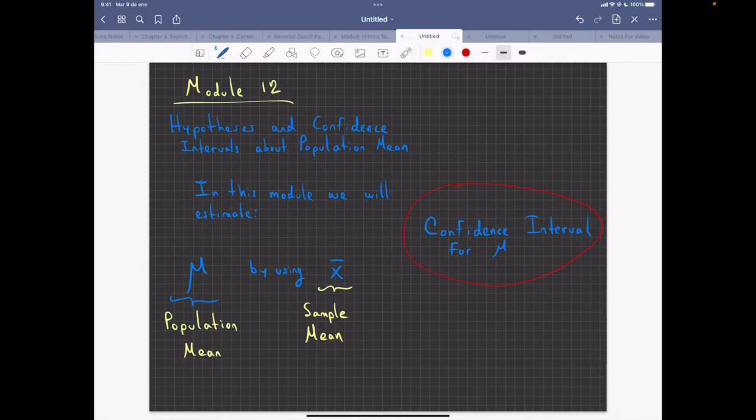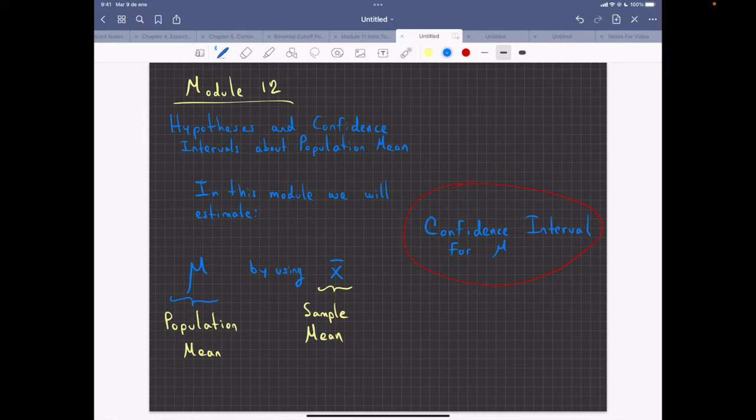A confidence interval for mu is an interval that gives you, in general, an idea about where mu can be. In one of the labs for this module, I went over confidence intervals.